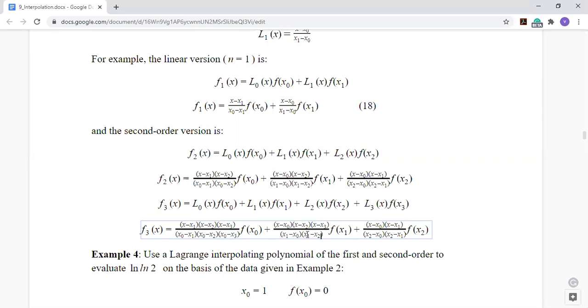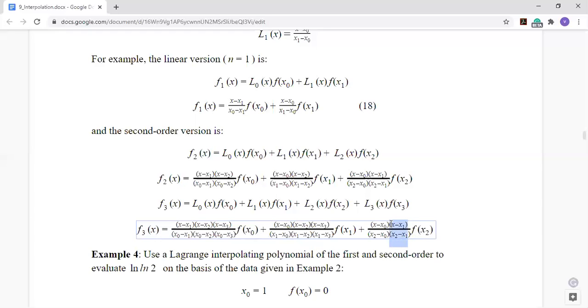So in place of x1, there's going to be x3 in place of this x2, x3. So for the third coefficient is x minus x naught, x minus x1. Then the last one is going to be x minus x2.